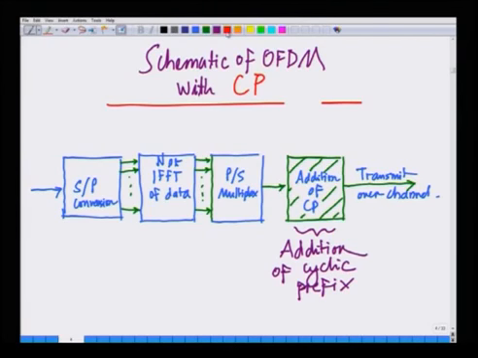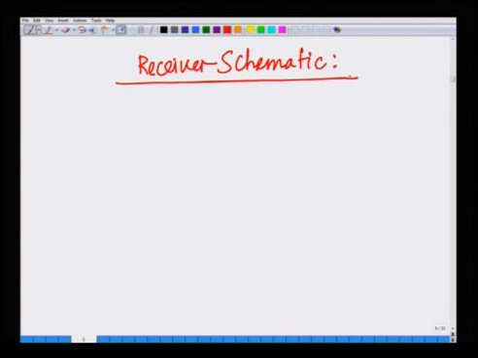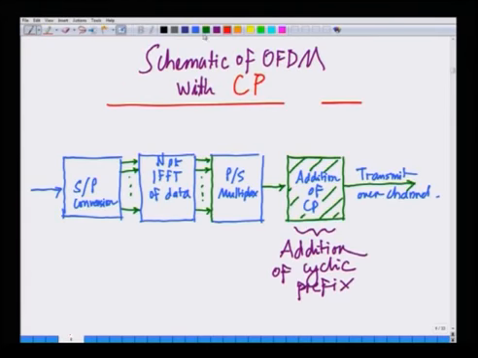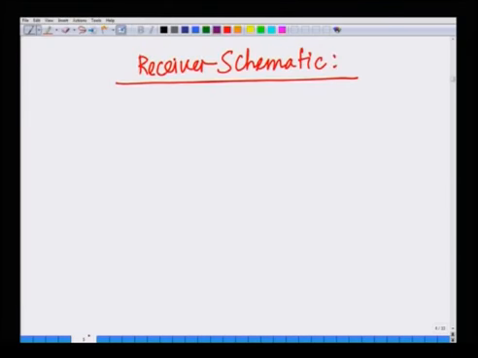All right, so how does the receiver schematic corresponding to this look like? This is the transmitter schematic. And how does the corresponding receiver schematic look with the addition of the cyclic prefix?